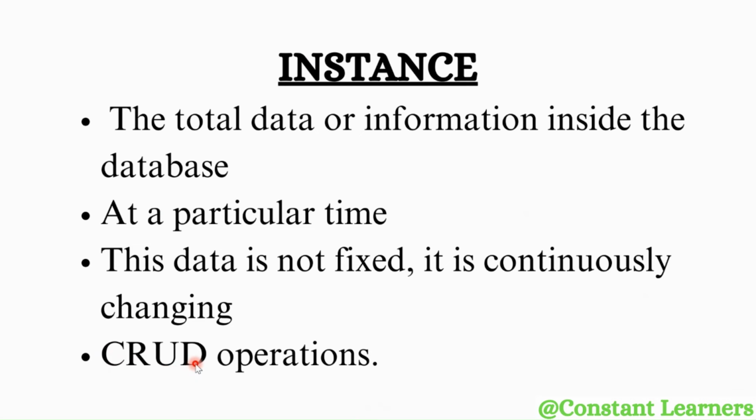Or delete, if any entry has been deleted from the table. So, these CRUD operations will continuously keep changing the data, all right? And the total data or information inside the database at a particular time or at a particular moment is known as an instance. So for schema, we took the example of college building, that once a college building is built, it stays as it is for years, right?